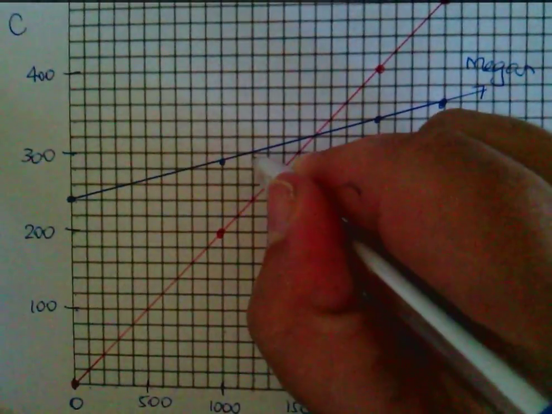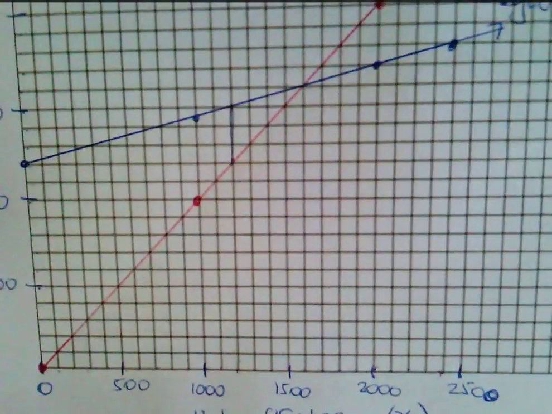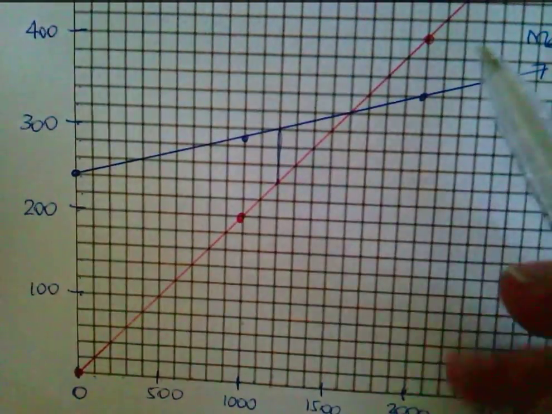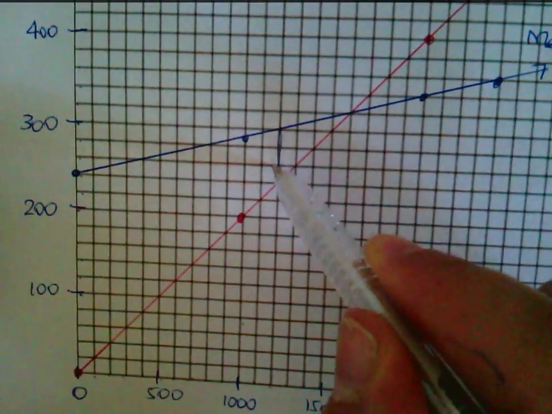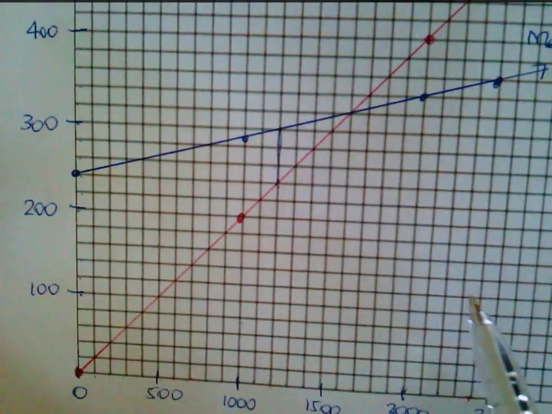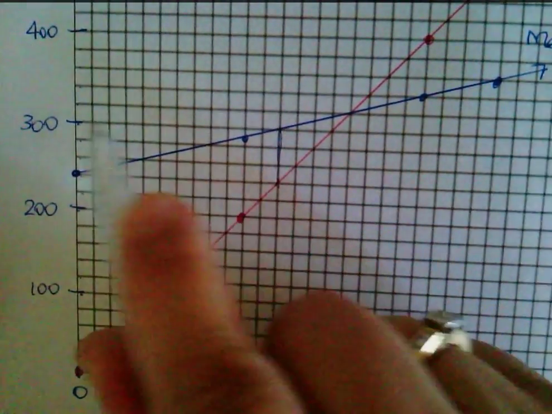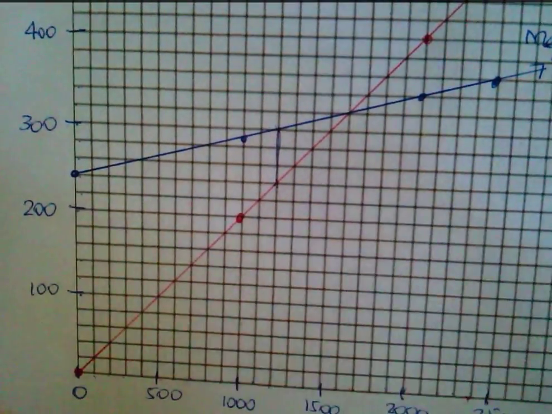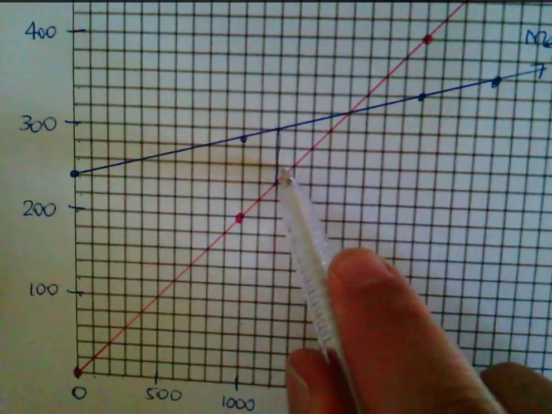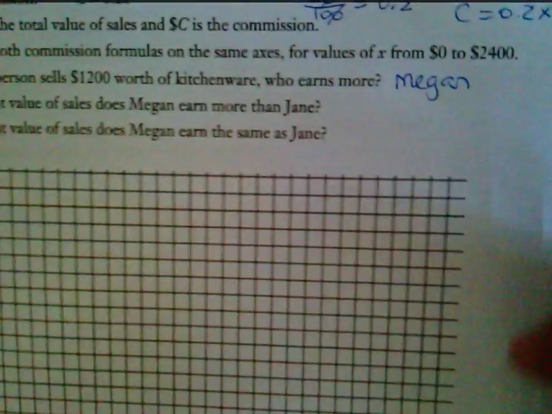So here we go. It's the difference between those. Can you see? Well, Megan gets, what's each square worth? Megan earns more by how much? Megan earns 300, and Jane earns 240.